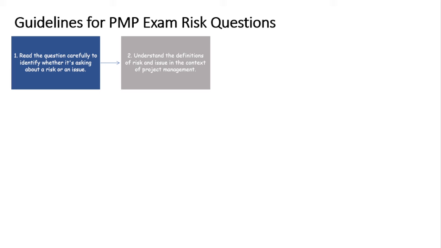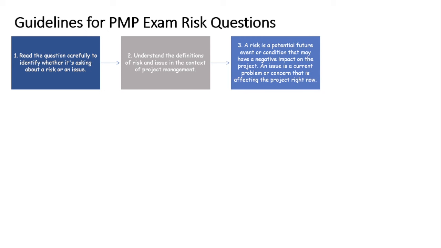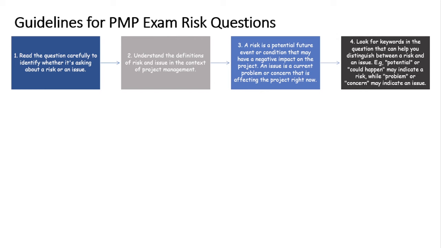A risk could happen, an issue is happening. Number 3, a risk is a potential future event or condition that may have a negative impact on the project. It may also have a positive impact, don't forget. An issue is a current problem or concern that is affecting the project right now.